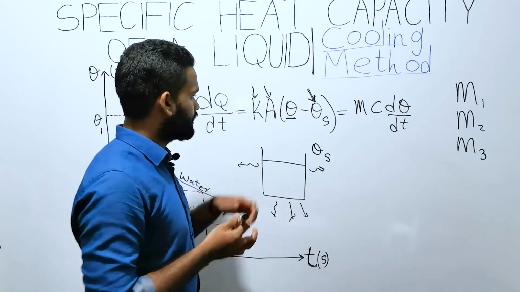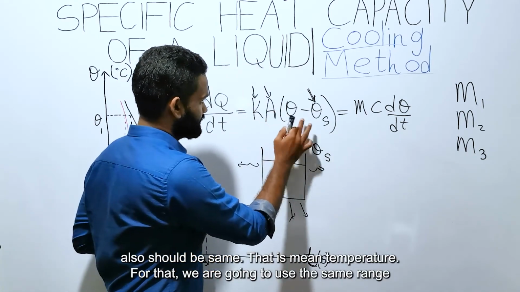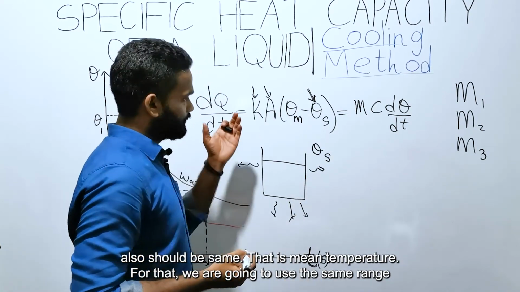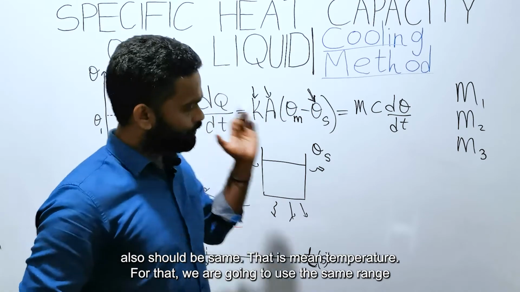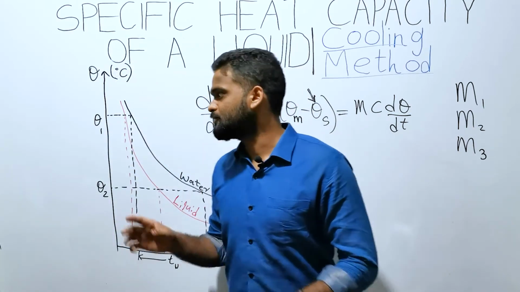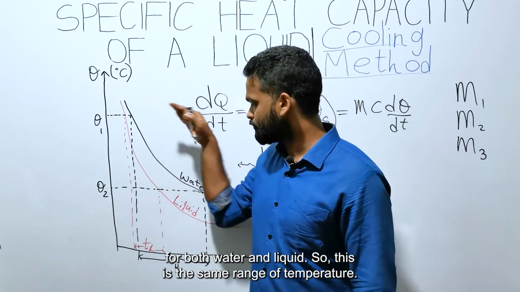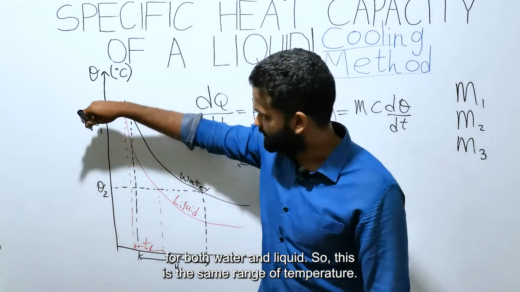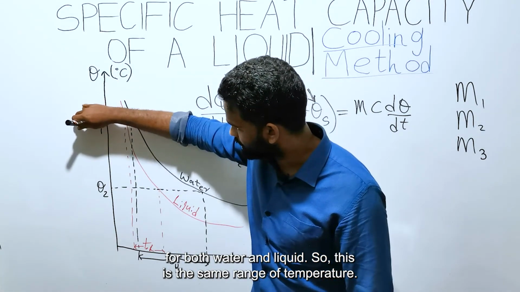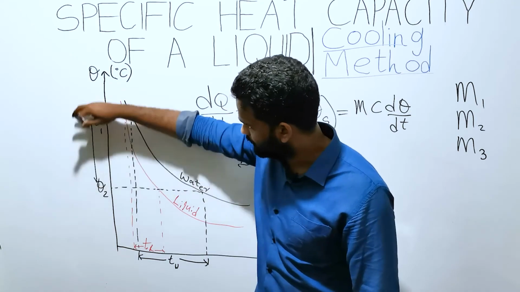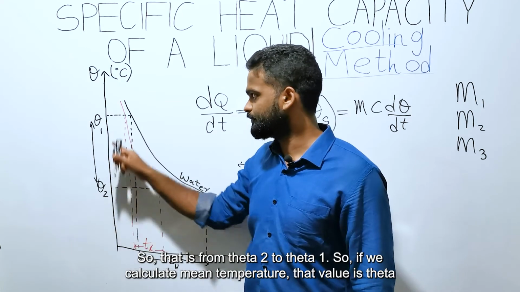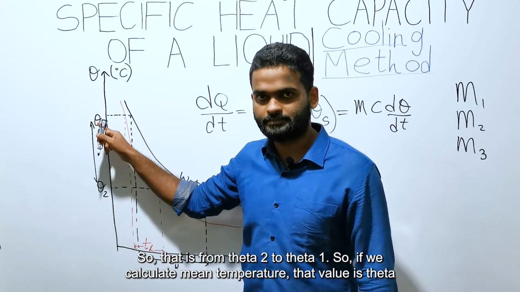So this value also should be same, that is mean temperature. For that, we are going to use the same range for both water and liquid. So this is the same range of temperature.